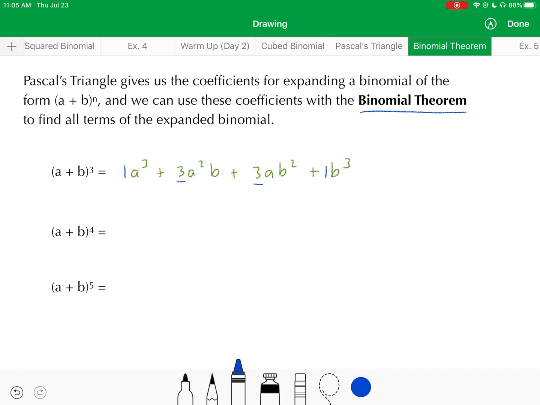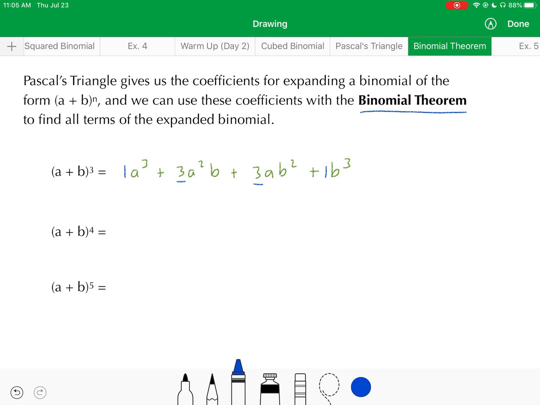Notice there's a pattern to the powers on your variables here. In the first term, you have a cubed. In the second term, you have a squared. In the third term, you have a. And then in the final term, you don't have a at all. So see how the powers on a keep decreasing. And notice it's the opposite for the powers on b.